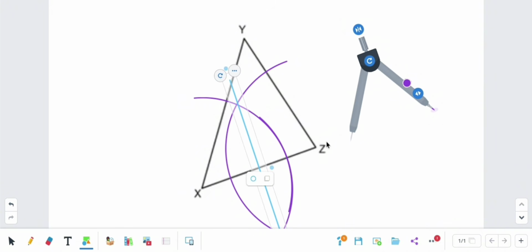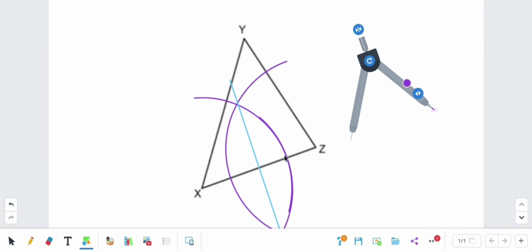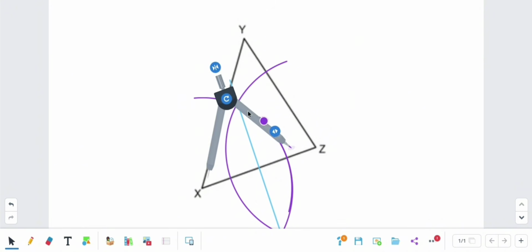Scroll down so you guys can see what I'm seeing. Okay, so there we have it. And then I'm going to perform another perpendicular bisector on the other line. So I'm going to put it right here.